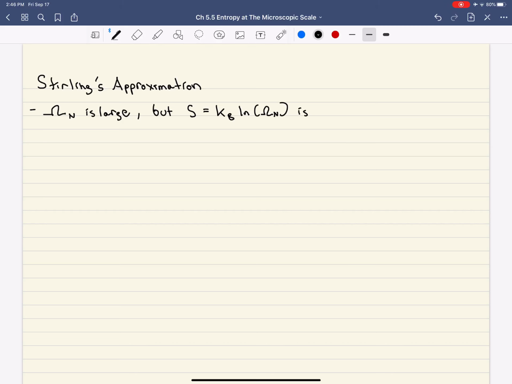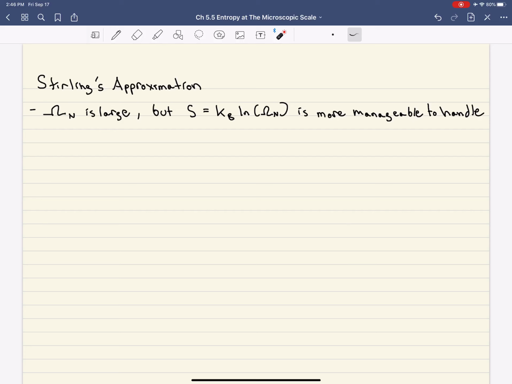That gives us a more manageable way of discussing and handling the number of different ways we could organize molecules in our system. This is the definition of entropy at the microscopic scale.